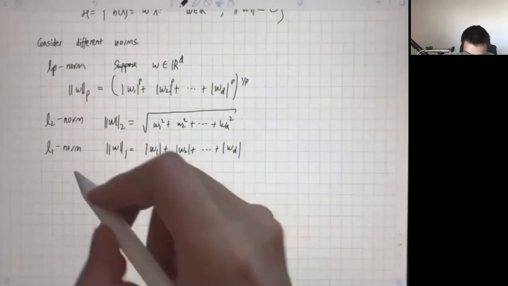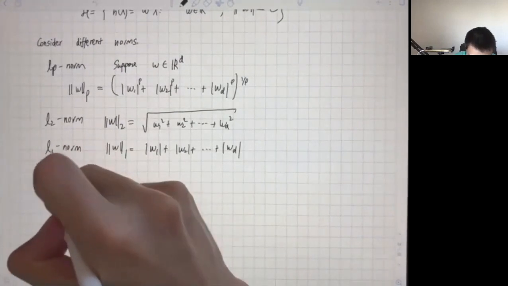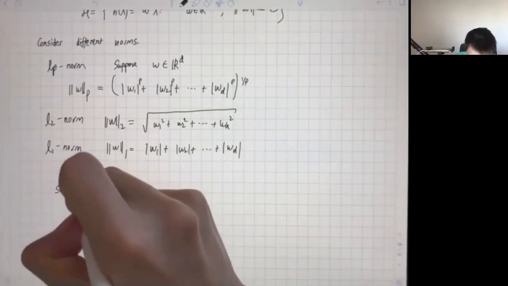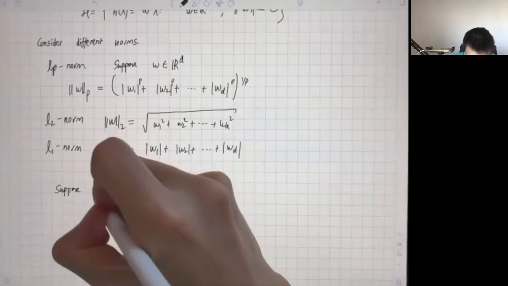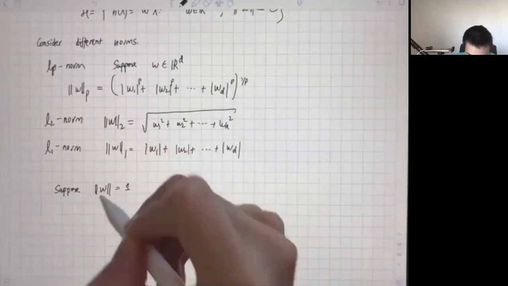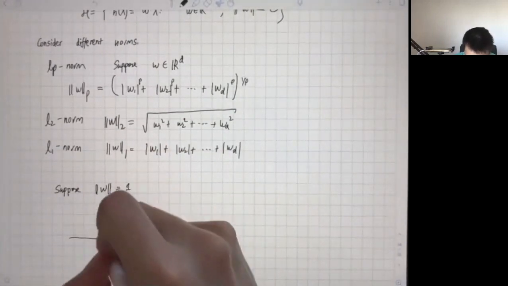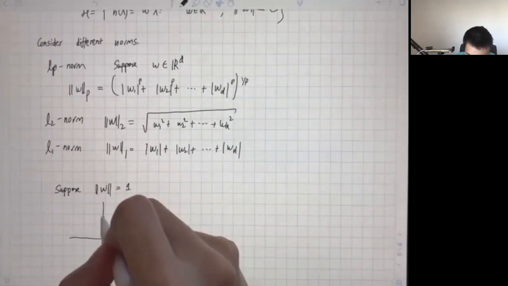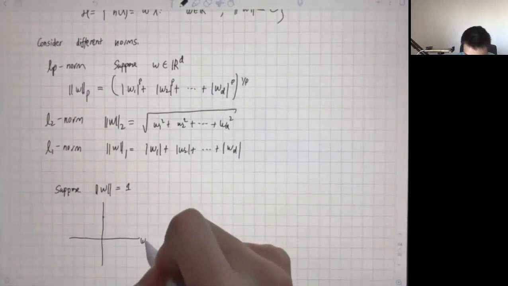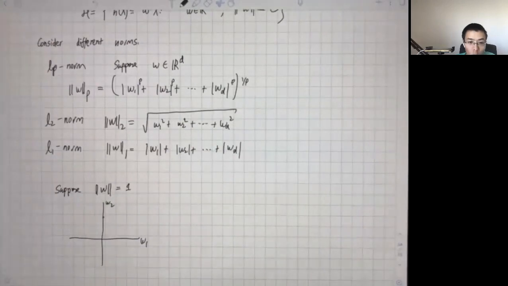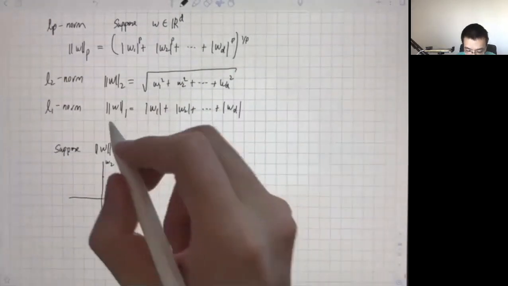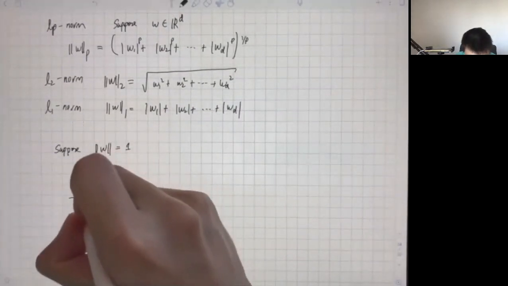So the idea is, suppose the L2 norm of W is 1. Then the points of W, where this is W1 and this is W2, satisfying this constraint are on this circle.